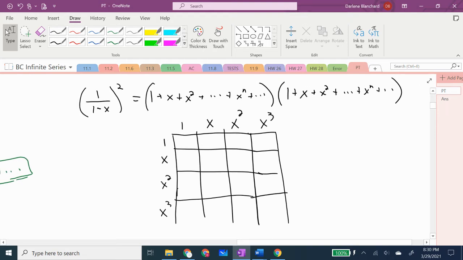Now, one thing that's nice is if you know a certain degree polynomial, you can realize that this upper left box is your constant term. The diagonal underneath it is going to give you your x term. The diagonal under that is going to give you your x squared term.